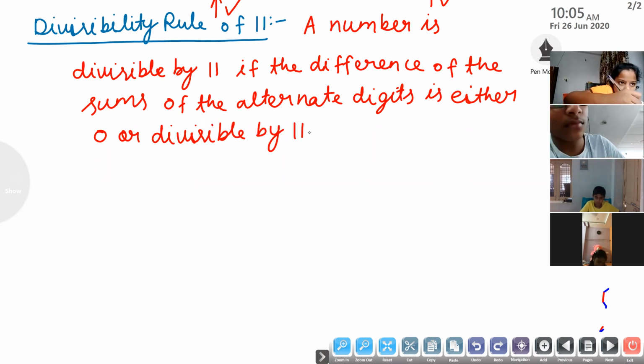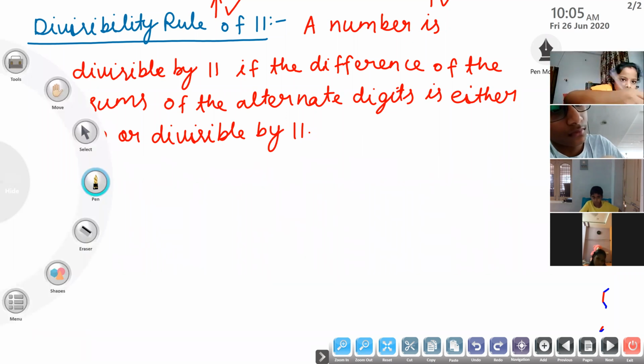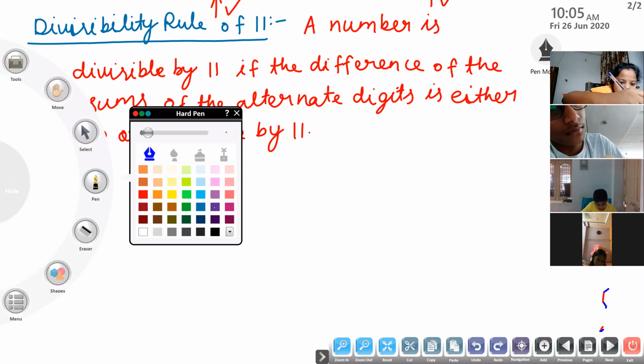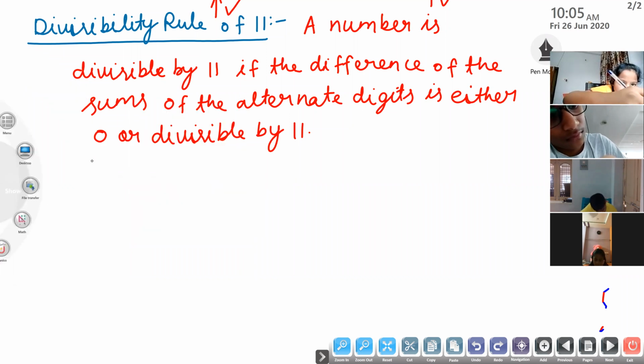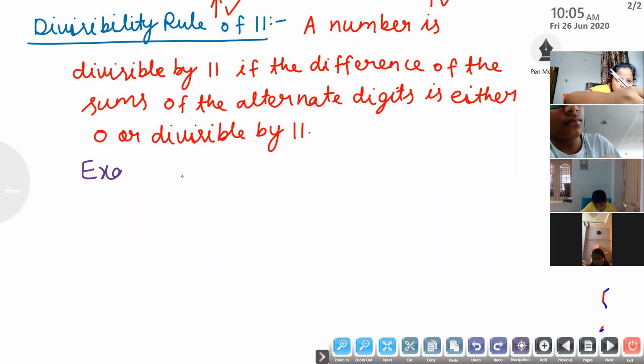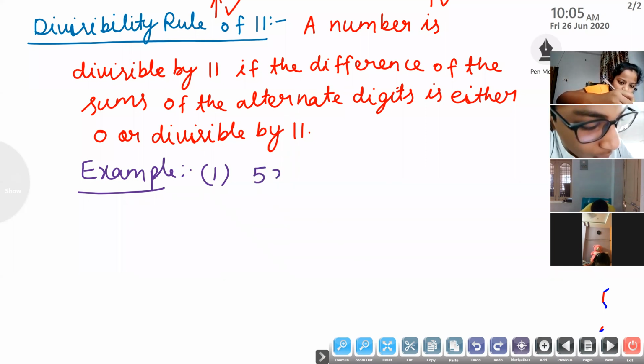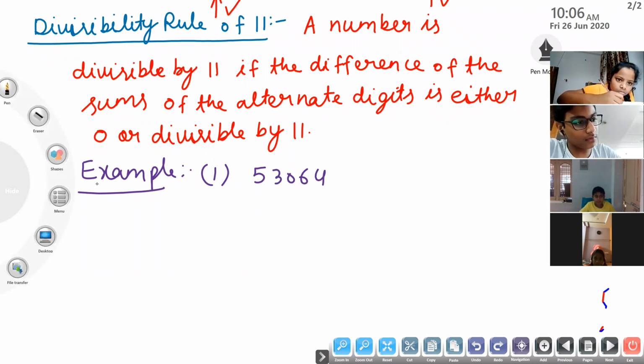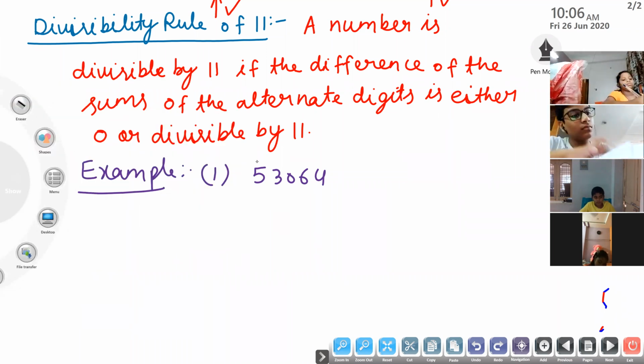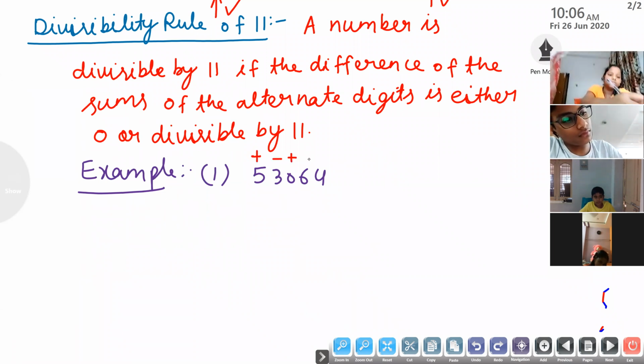Example: first example, 53064. I want to check whether this number is divisible by 11 or not. How to check? First the signs: plus, minus, plus, minus, plus.